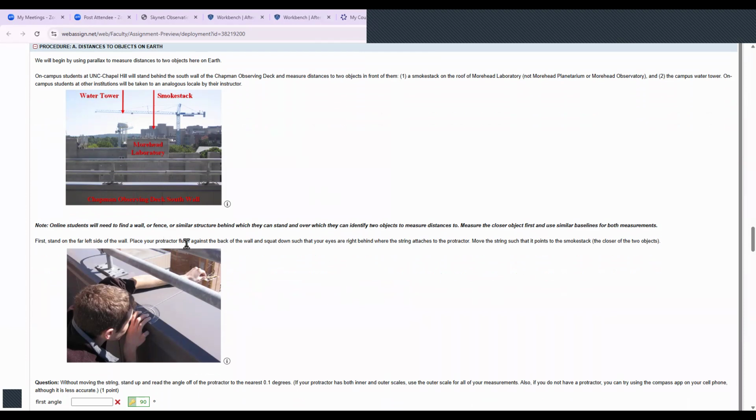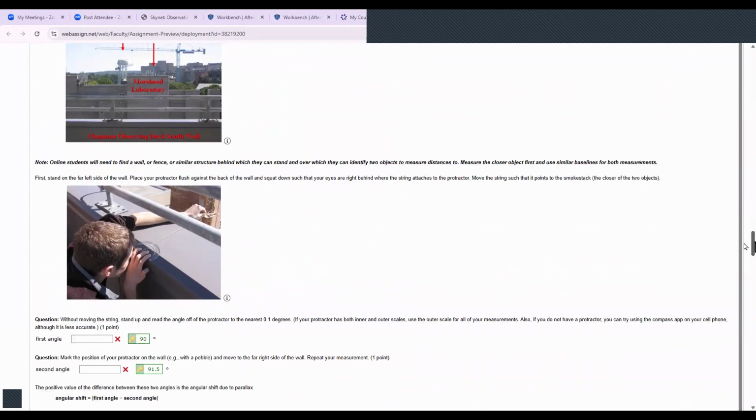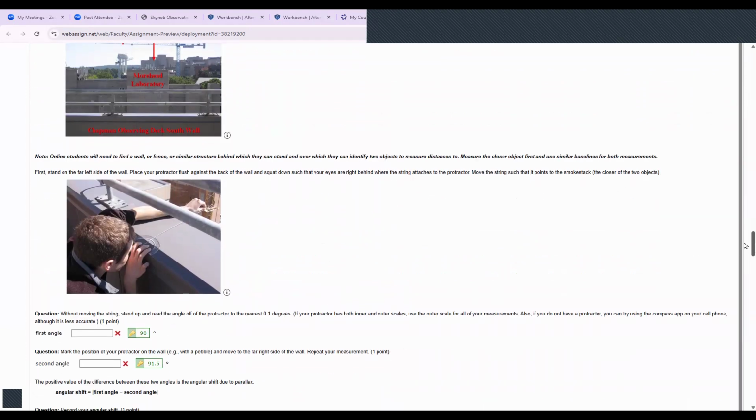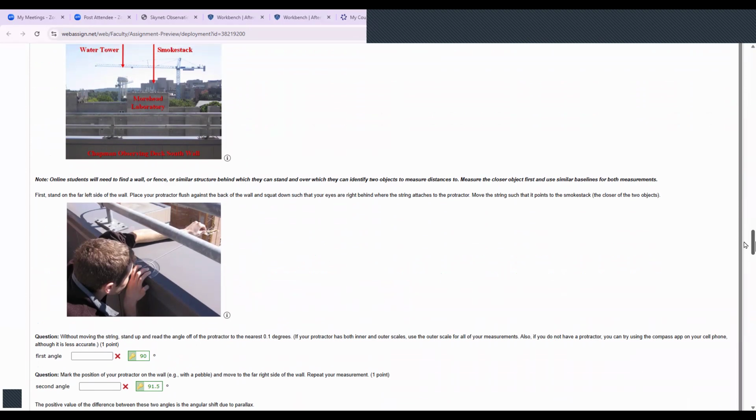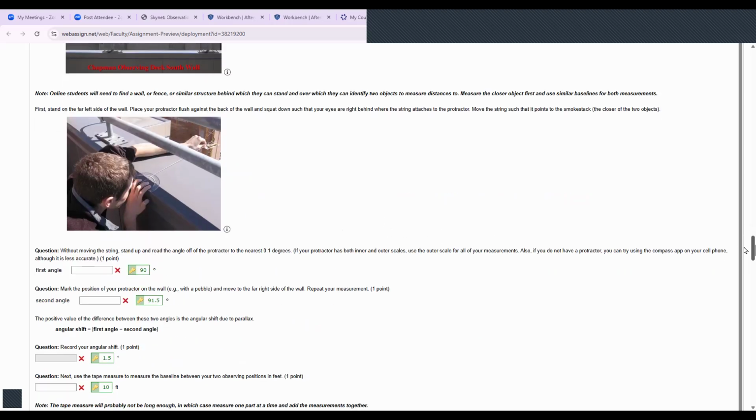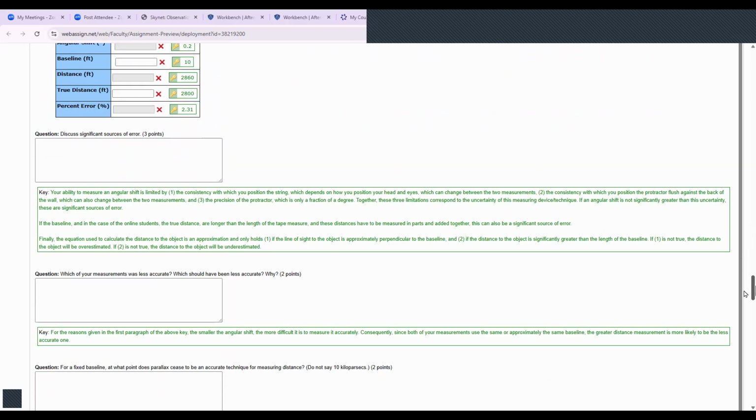You use a protractor to measure the angle, and it gives you a very good way to use these simple tools to measure the angular diameter of an object, either in your room, where you can repeat this for an object and verify it with a measuring tape or laser tape, or in the backyard. You check how close this parallax technique is to the actual value that you have.